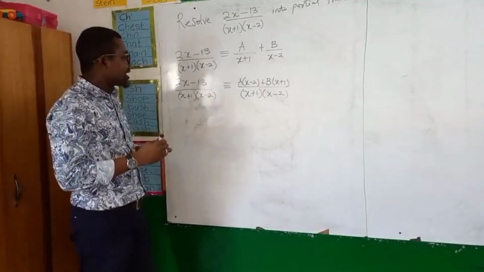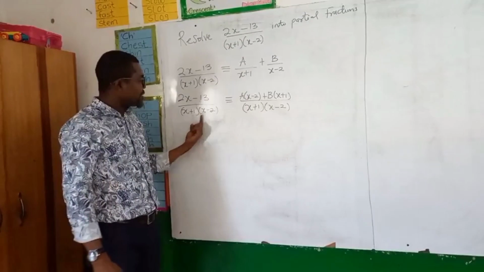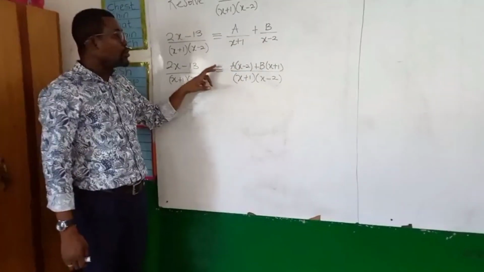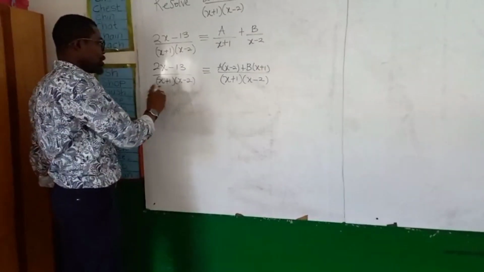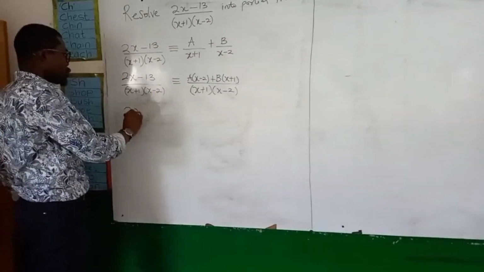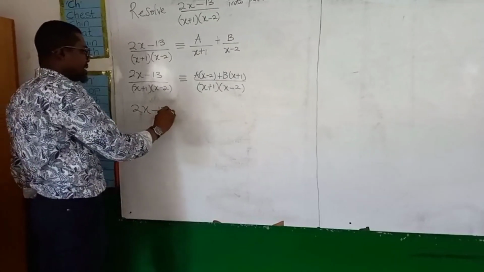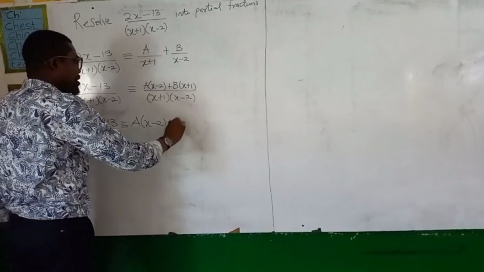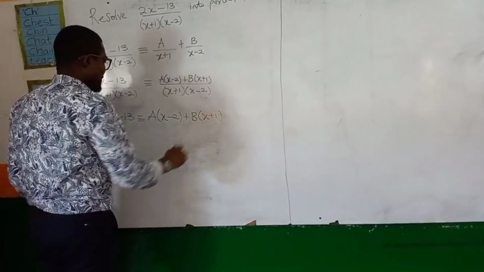You can see clearly that the denominators are the same. So once the denominators are the same, then I can equate the numerators. Good. So if I'm equating the numerators, then I'll have 2x minus 13 is equal to a into bracket x minus 2 plus b into bracket x plus 1.